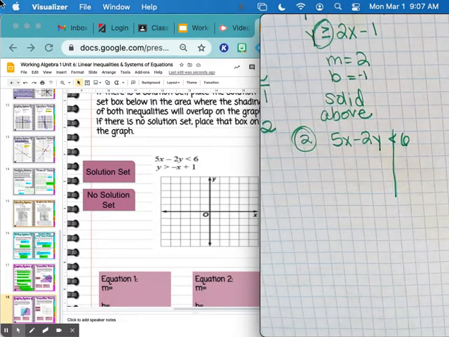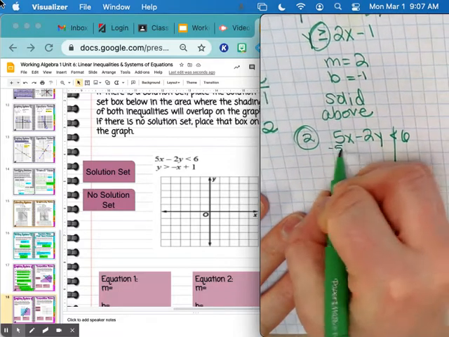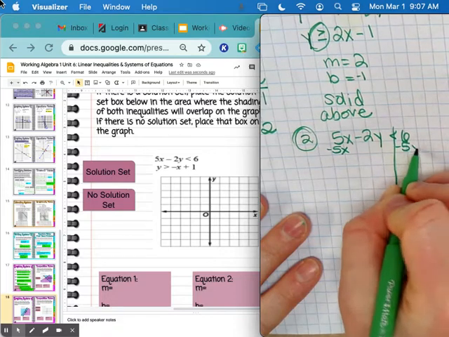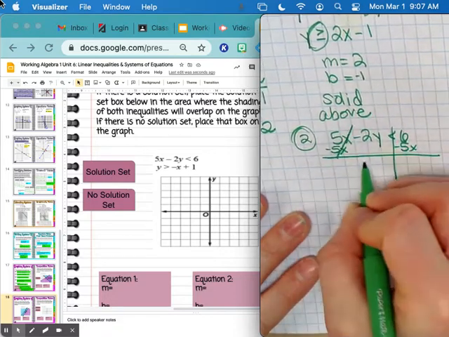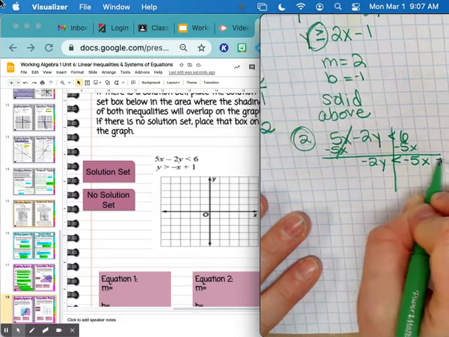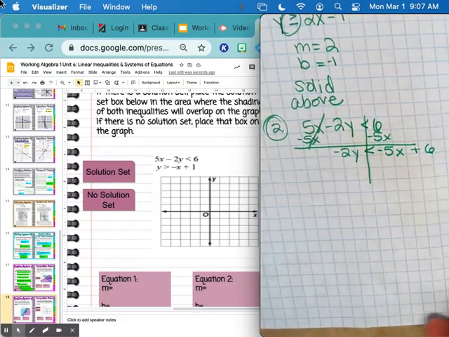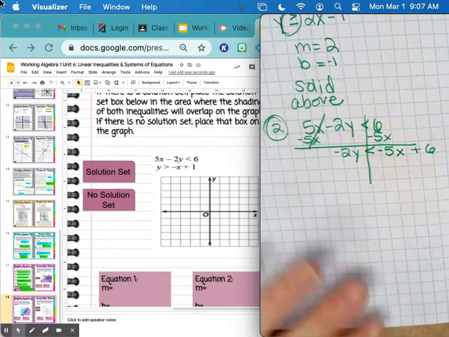So what do we have to do to solve it for y? Minus 5x. Negative 2y is less than negative 5x plus 6. And then what? Divide by negative 2.